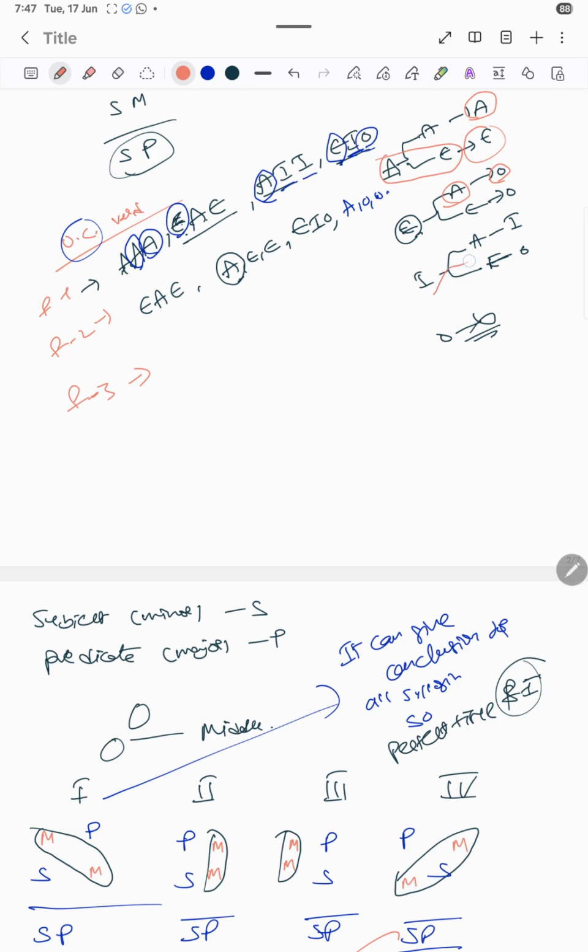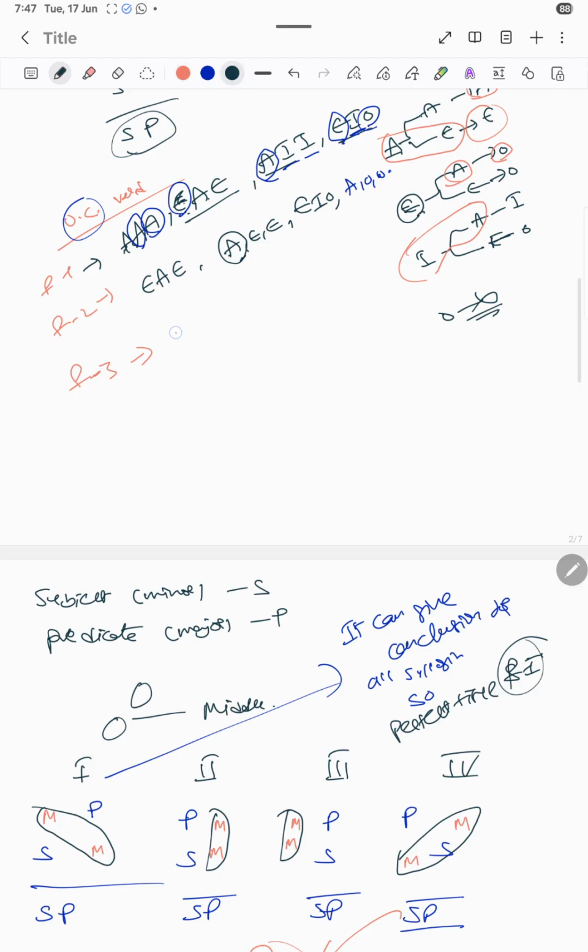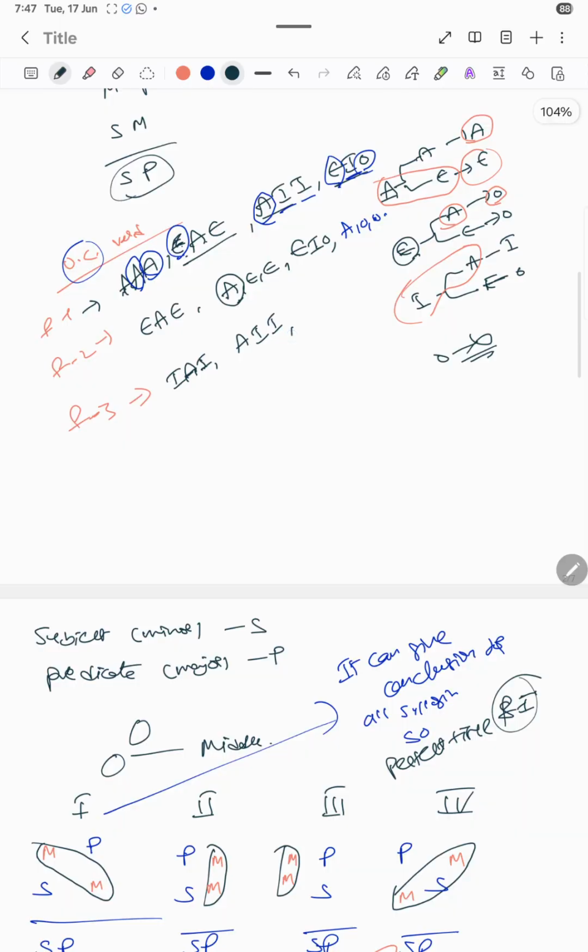I is mapped with A and you get I. So the first one will be IAI. Now next one, A is mapped with I and you get I. Means the first one remains the same. In the second one, instead of E, I am keeping I.